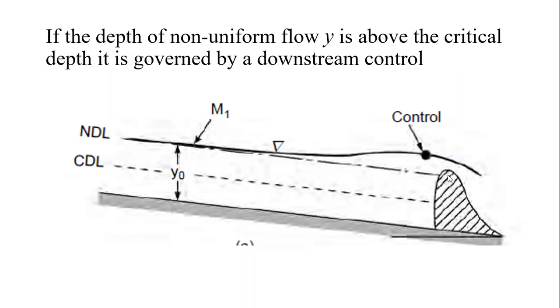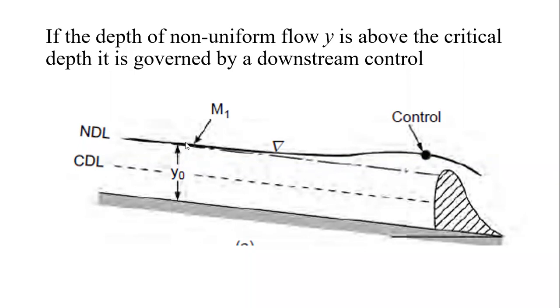But if a barrier is constructed, you are considering the dam as a barrier, then for the dam this is the upstream end. Okay, for the dam this is the upstream end, but for this profile this is a downstream end, because the profile is originating from this point and going somewhere else.